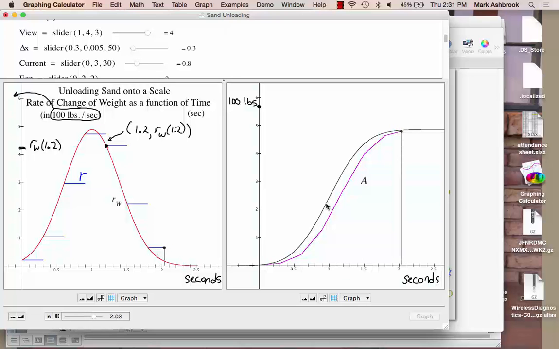By 1 second, we're way too far under, but then it will start catching up again because the approximate rates are greater than the actual rate function. So by the end, it kind of balances out.